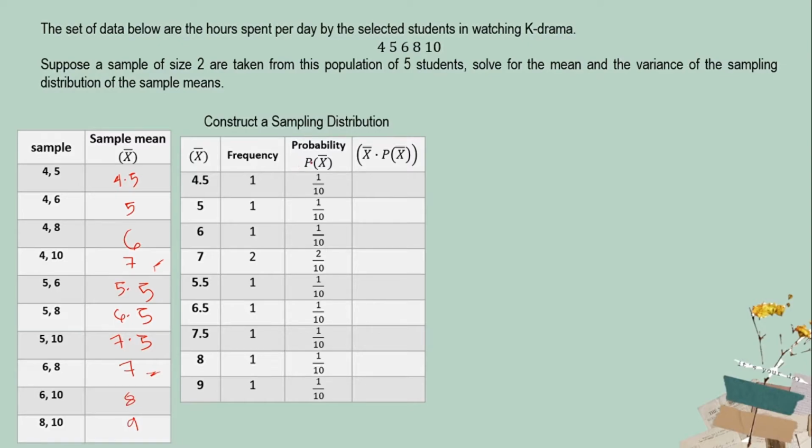Now that we have the values of x bar and P of x bar, we're going to multiply them. So 4.5 times 1 over 10, that's 0.45. And then 5 times 1 over 10, that's 0.5. And then 6 times 1 over 10 is 0.6. 7 times 2 over 10 is 1.4. 5.5 times 1 over 10 is 0.55.